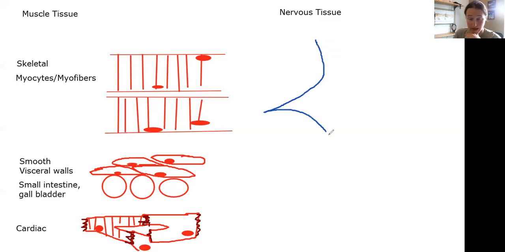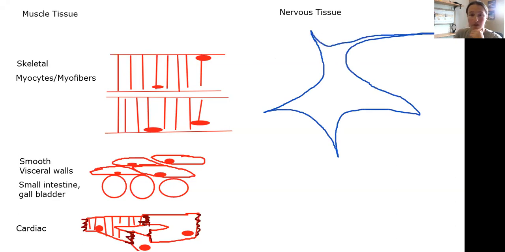So nervous tissue has specialized cells called neurons. Okay, so neurons are the functional units of the nervous system. These are what essentially detect a signal and then generate an electrical stimulus and then send that message far away. And so this kind of branched star-like, much larger cell that you see here is a neuron.